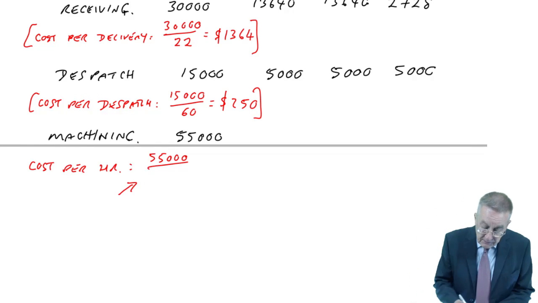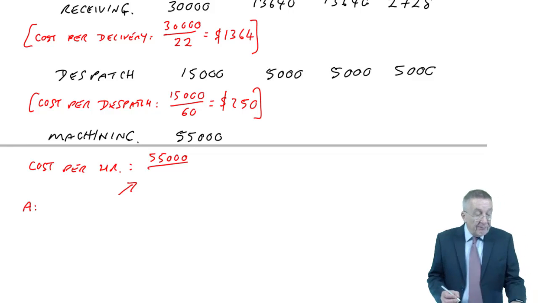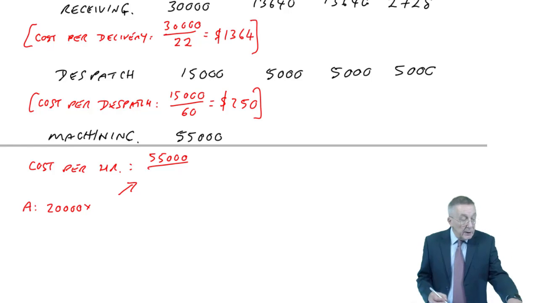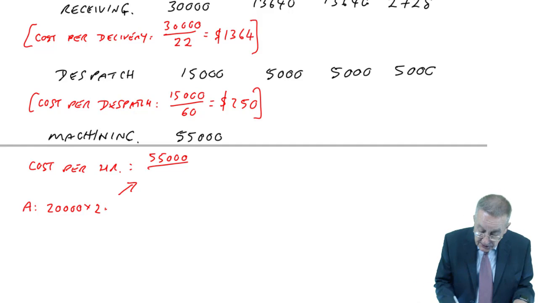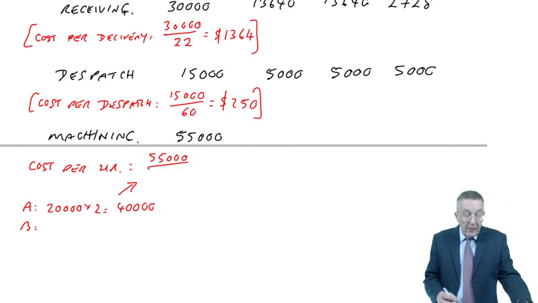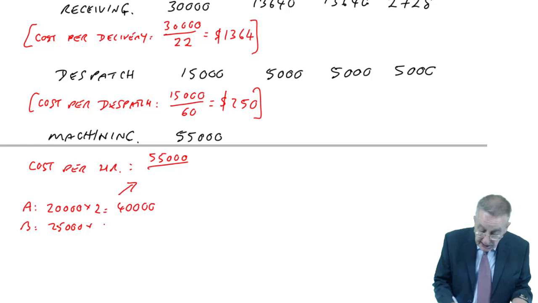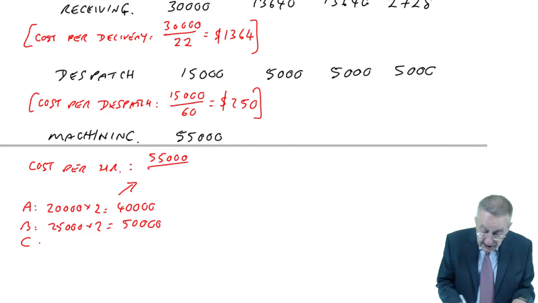As workings, A, we're doing 20,000 units. And how many machine hours? 2 hours per unit, so total 40,000. B, we're making 25,000 units. And again, machine hours 2 per unit is 50,000. And C, 2,000 units. 2 again, which is 4,000.